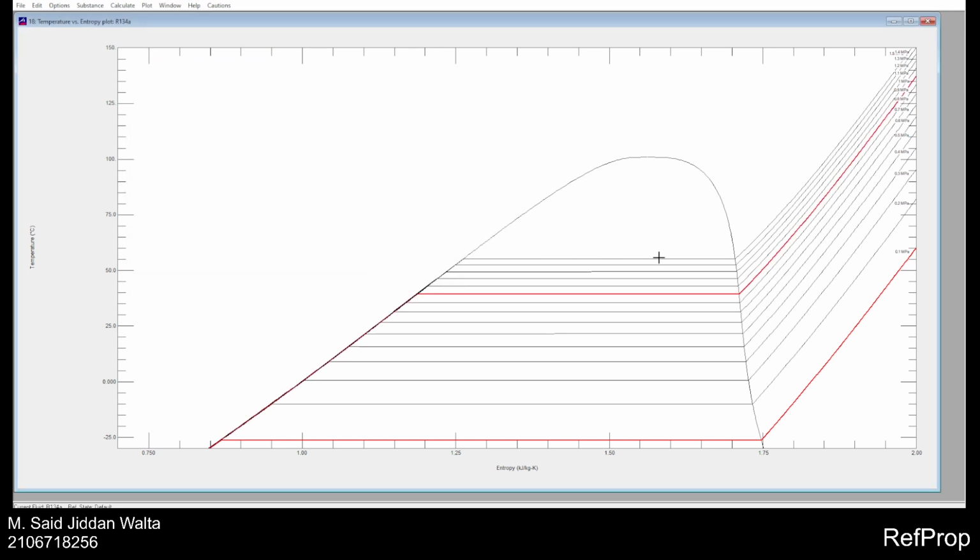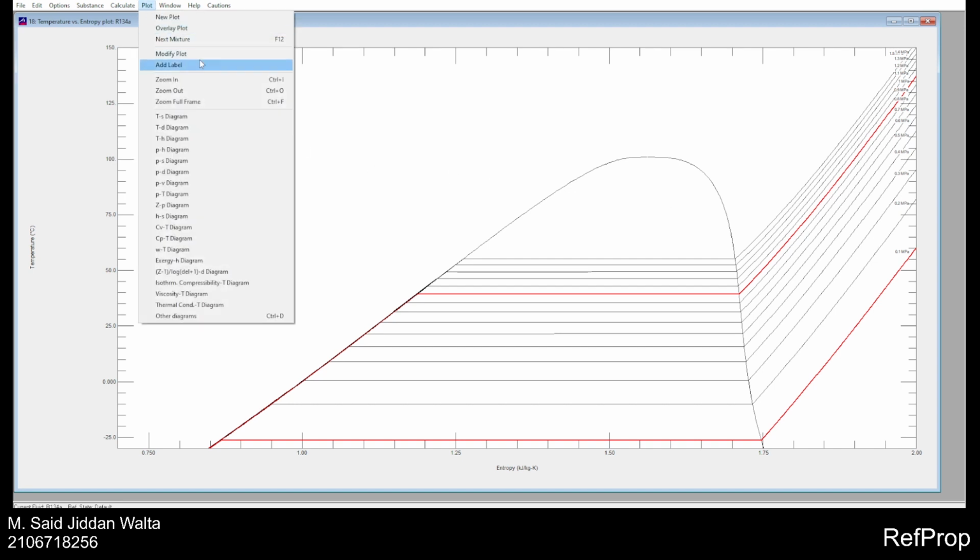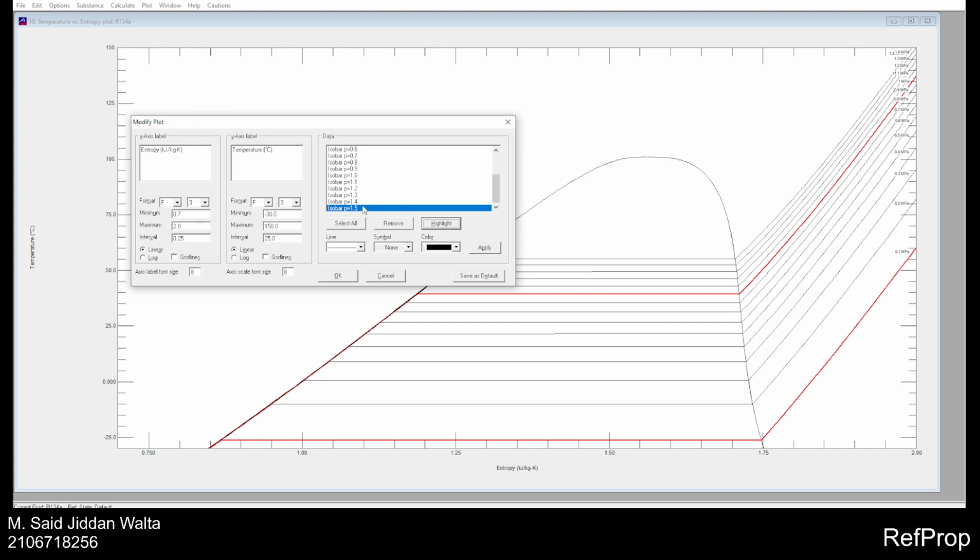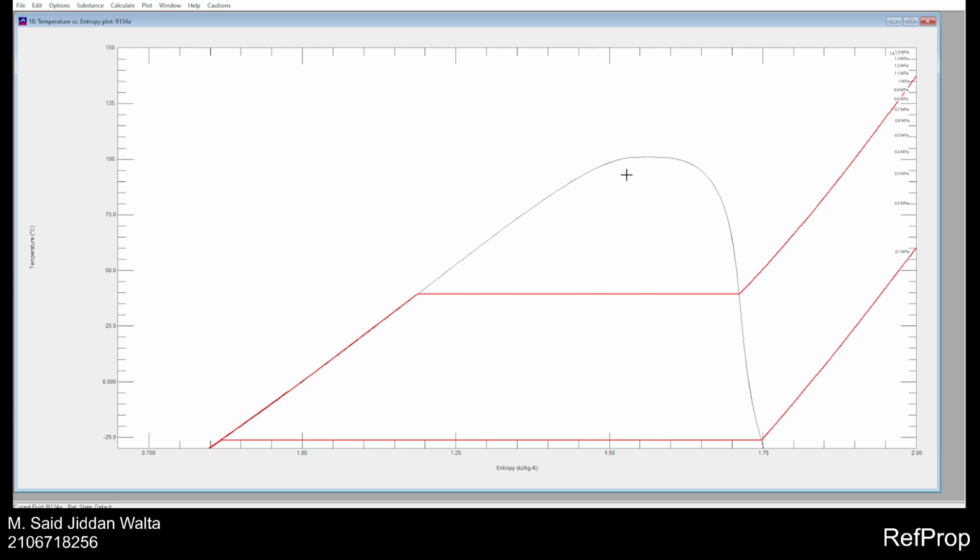So these are the main two pressure lines for our system, and the other pressure lines we can just remove to improve our view. Now we only have our two main pressure lines for our problem.